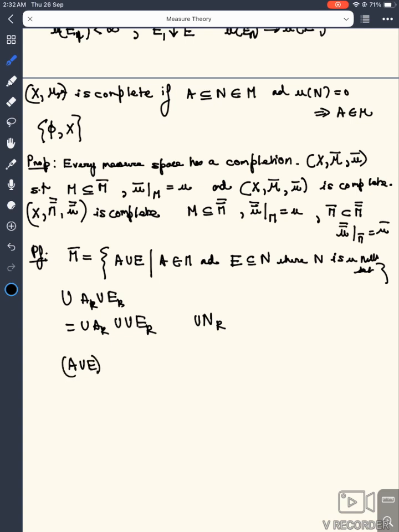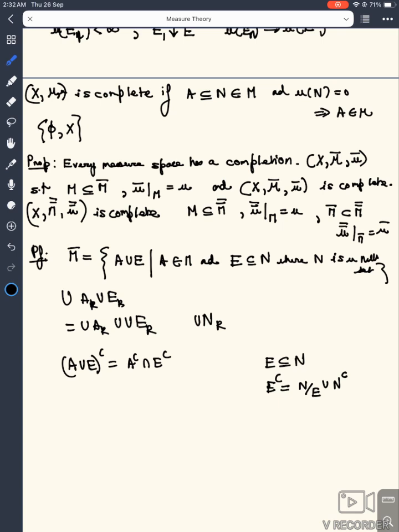So what we need to check is the complementing. So the complement of A union E is A complement intersection E complement. E is contained inside N, so E complement can be written as N minus E union N complement.